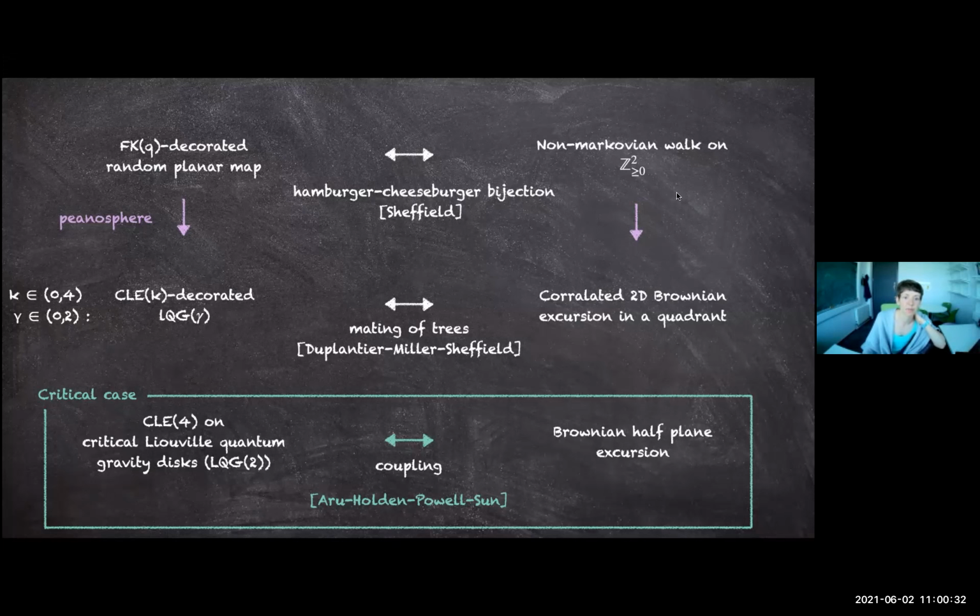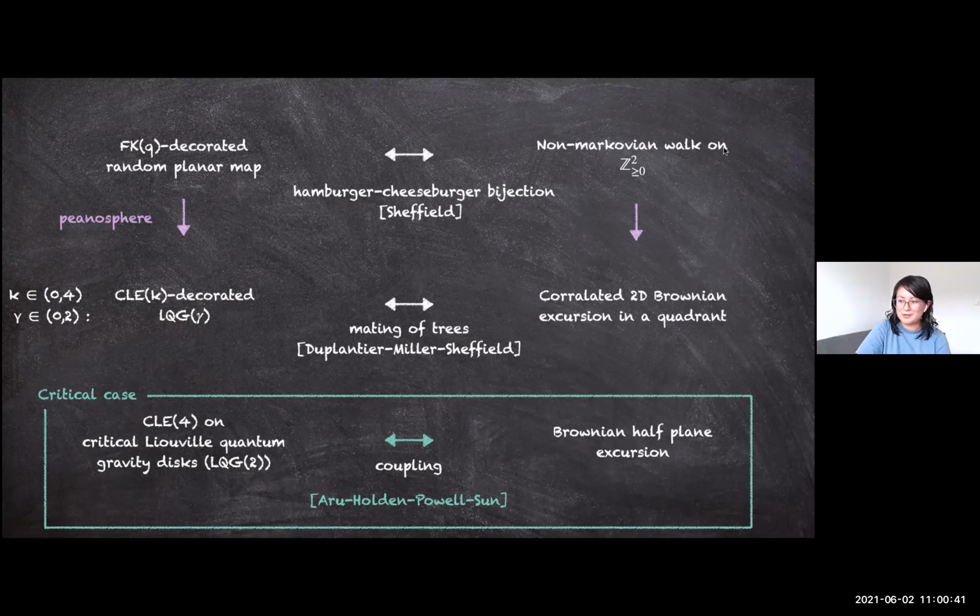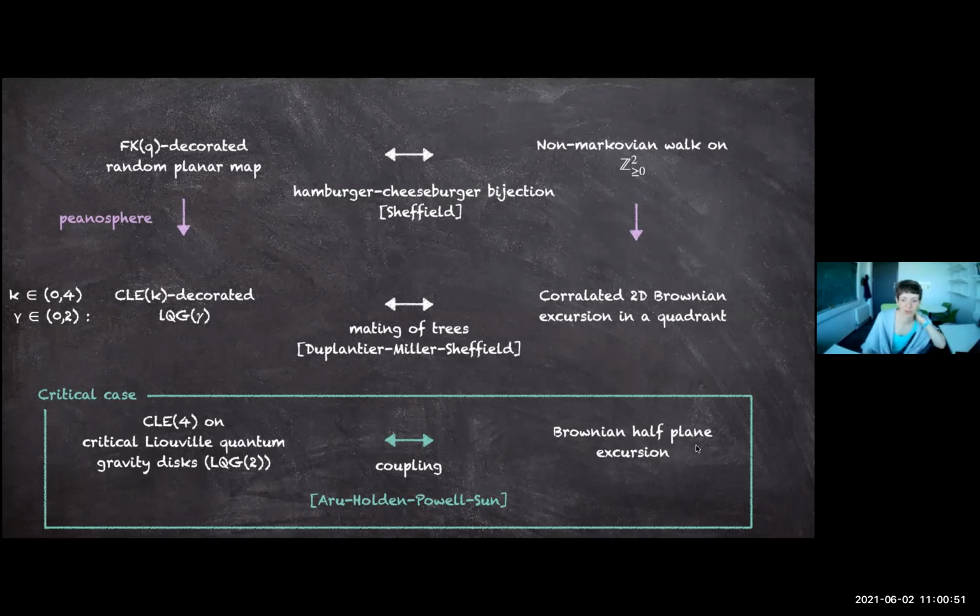The problem is that at the moment, the actual scaling you need to do isn't even known. Essentially this is like an analog of the Peano sphere convergence in the critical case. Right, to draw another arrow from the non-Markovian walk to the Brownian half plane, and that would induce the critical Peano sphere convergence. Exactly.